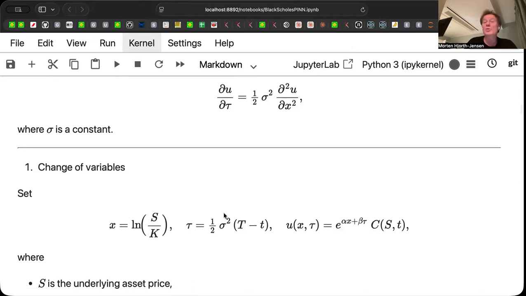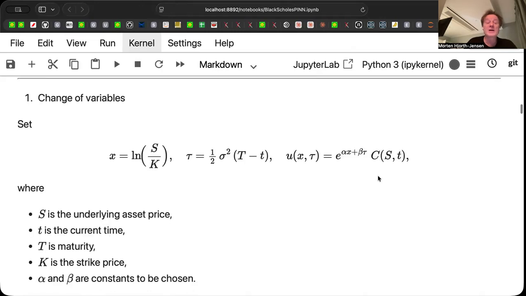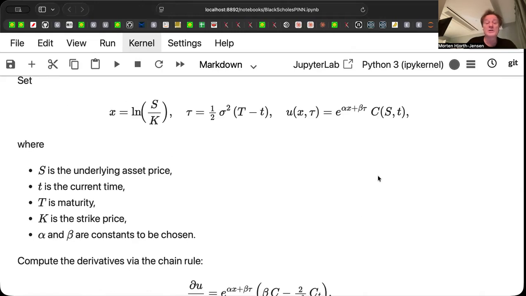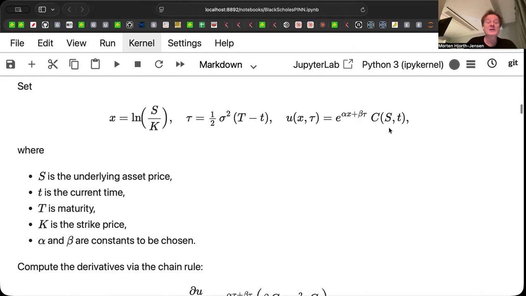So these are scaled quantities. And this is something you would always do, is to scale the equations. And u is given by a function which depends on this quantity C, which we are coming back to. But the S and t are the underlying asset price, and t is now the current time. And this alpha and beta are parameters to be chosen. And x is now changed into the log of the asset price divided by what's called a strike price.